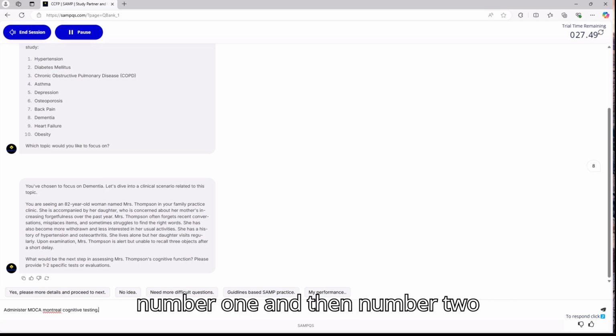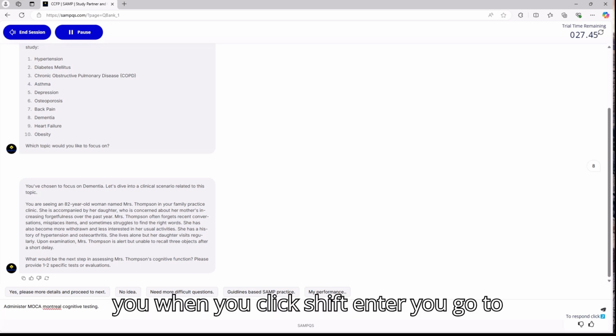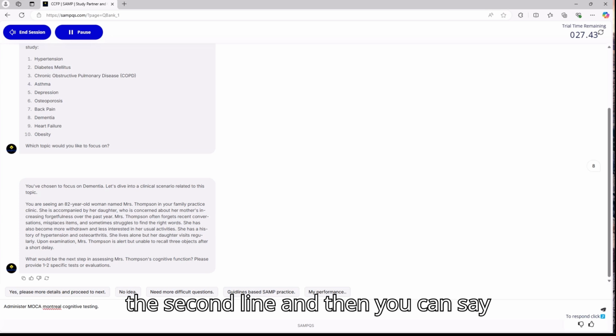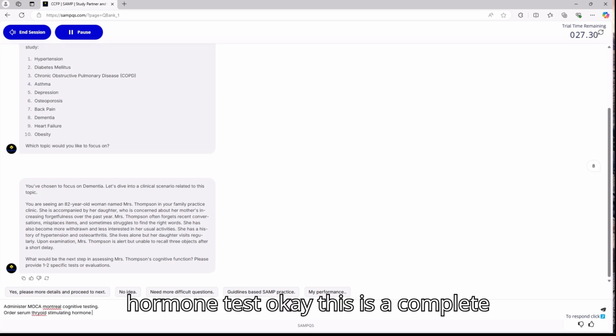This is number 1, and then for number 2, when you click shift enter, you go to the second line, and then you can say order serum thyroid stimulating hormone test. Okay, this is a complete answer.